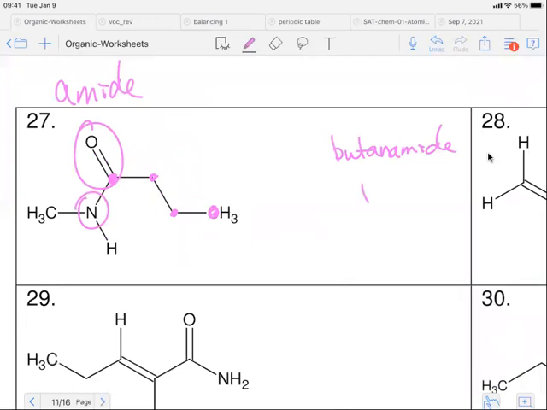I'll have to look up if butamide is also correct, but I don't think so. Put that in brackets. And then we have to identify the alkyl group that is on the nitrogen. That's methyl. But we also have to have a capital N because the methyl group is on the nitrogen, not on the butane part of the compound.